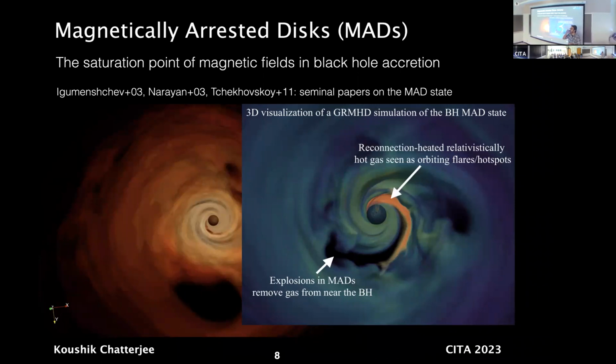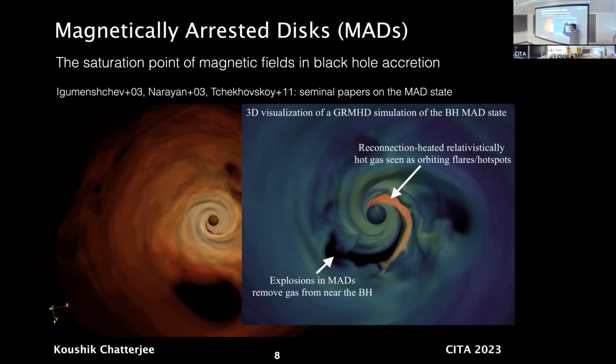And how far out do you start? Typically, in the simulations I do, the outer boundary is between 1,000 to 100,000 gravitational radii, and the size of the disk, at least for the typical MAD simulations, is something like 100,000 gravitational radii.